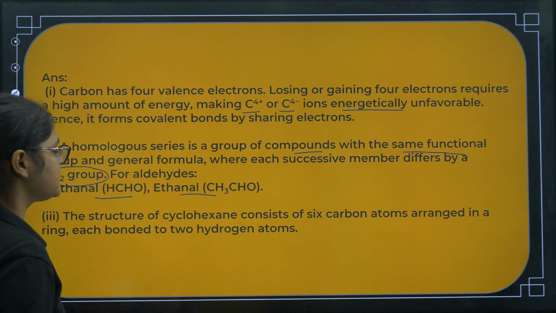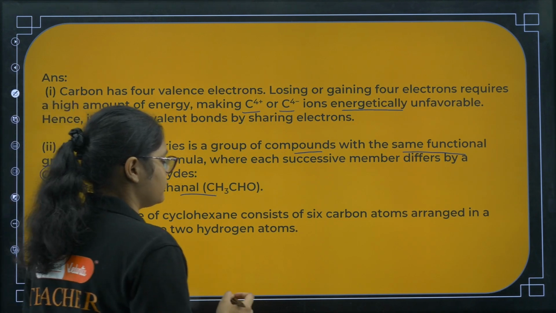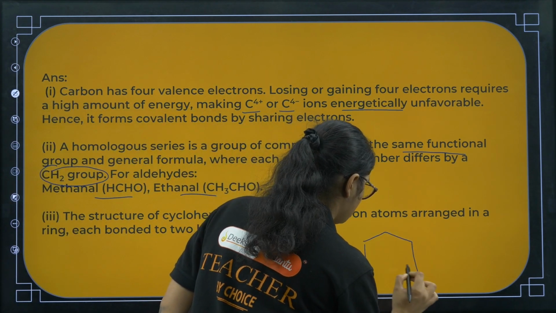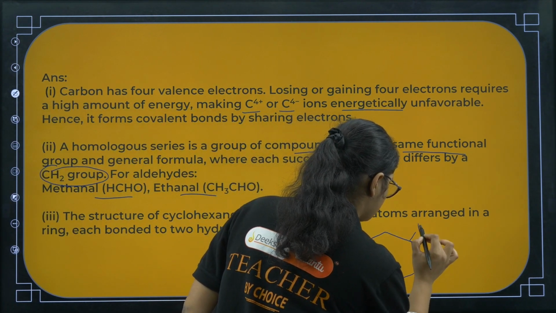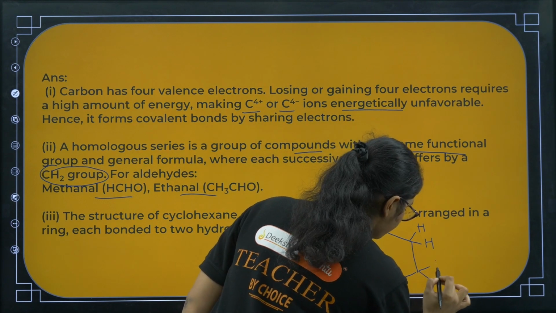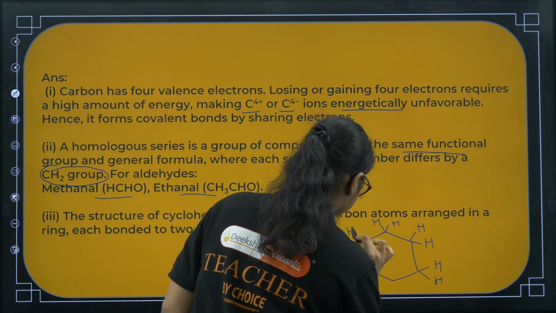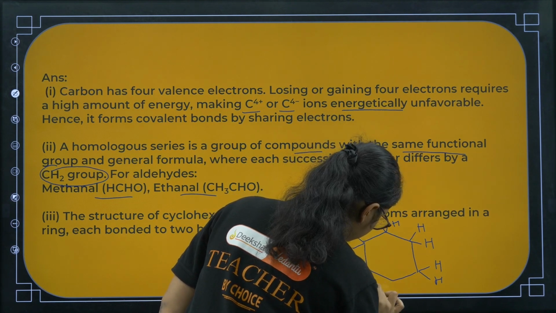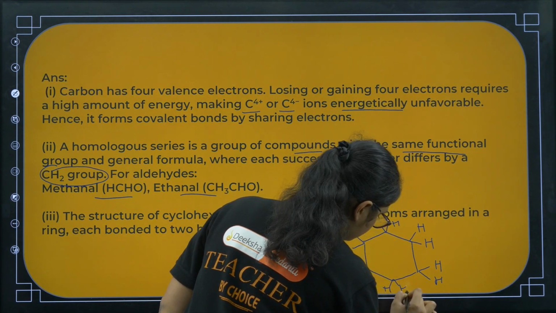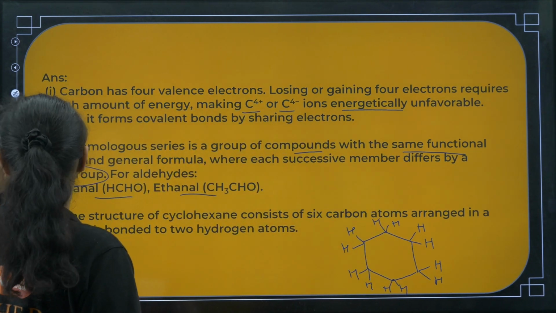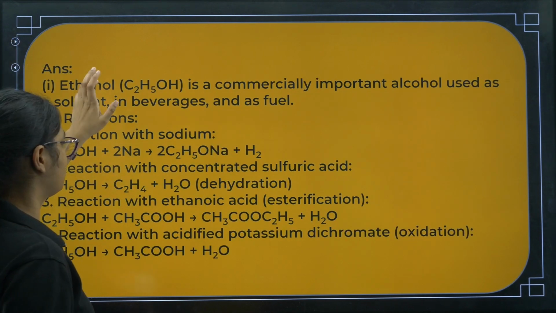Next, cyclohexane structure if you want to draw, it is like this. You have 2 hydrogens attached. Clear? Fine. Now we have ethanol.